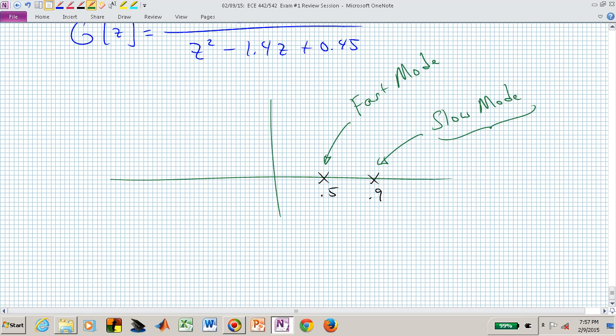The slow mode is the magnitude of z closest to 1.0. Or you might have heard me say this is now the dominant pole.